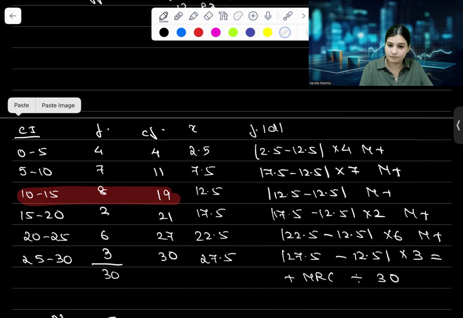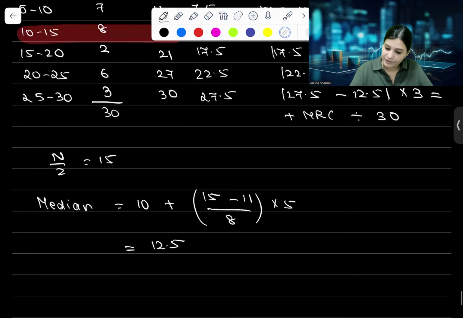Perfect. So mean deviation will be 6.33.